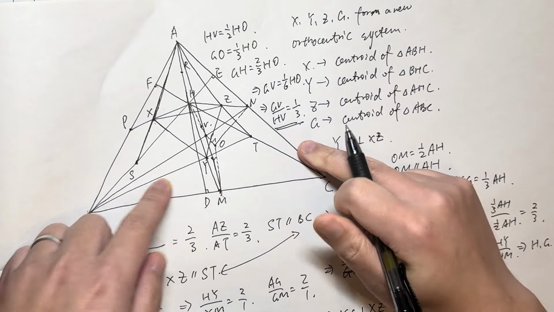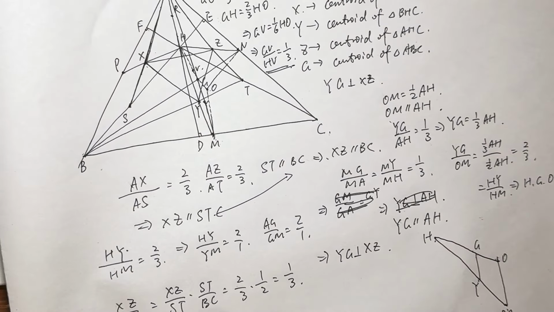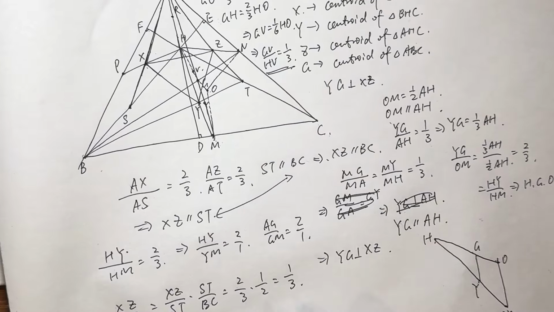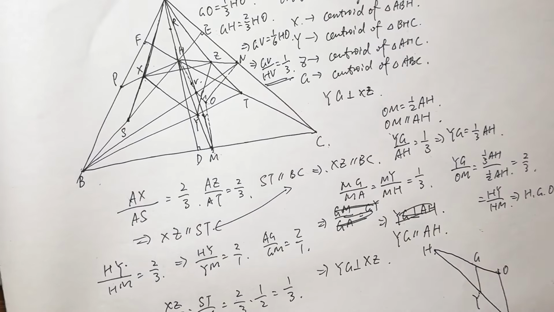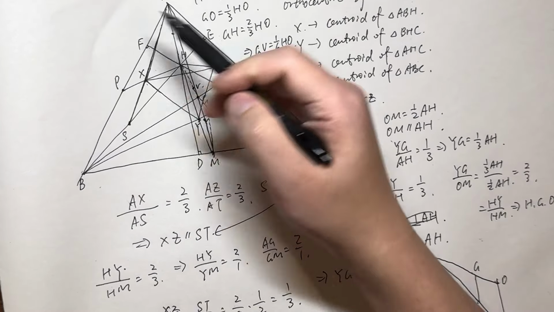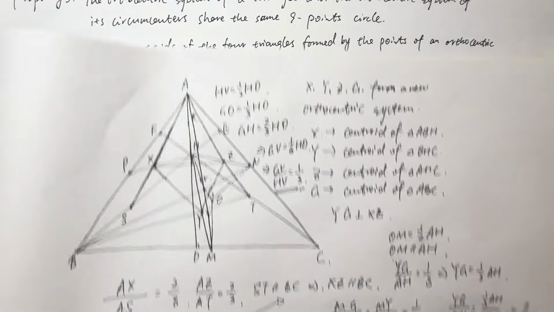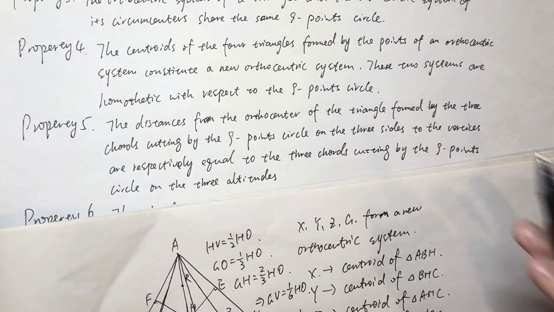And this equals the ratio of XZ to BC. So we know that V is a homothetic center of the two systems. Okay, that's property 4.